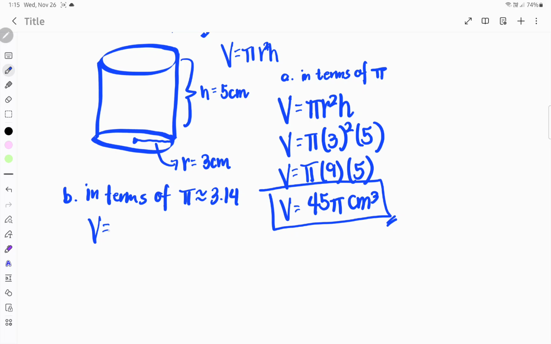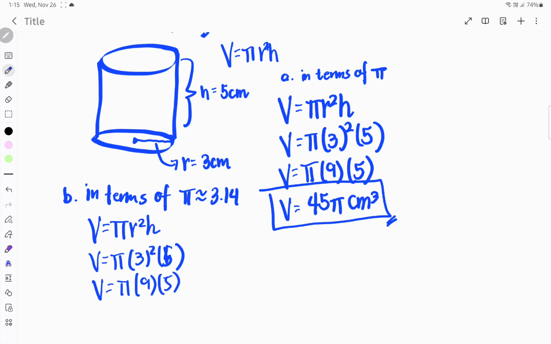Starting with the formula, volume is equal to pi r squared height. Substituting the values, it will be the same as in terms of pi: 3 squared, and then height is 5 centimeters, and then volume would be equal to 9 times 5, and that would be 45 pi.